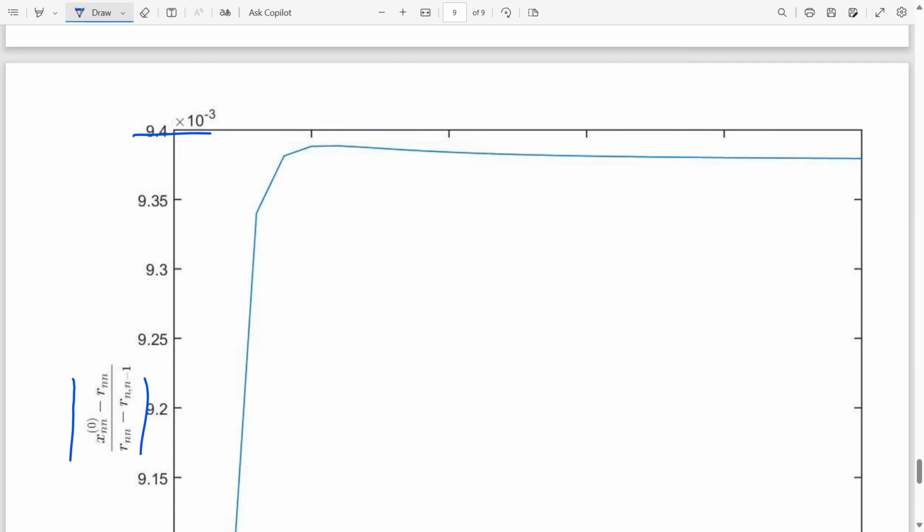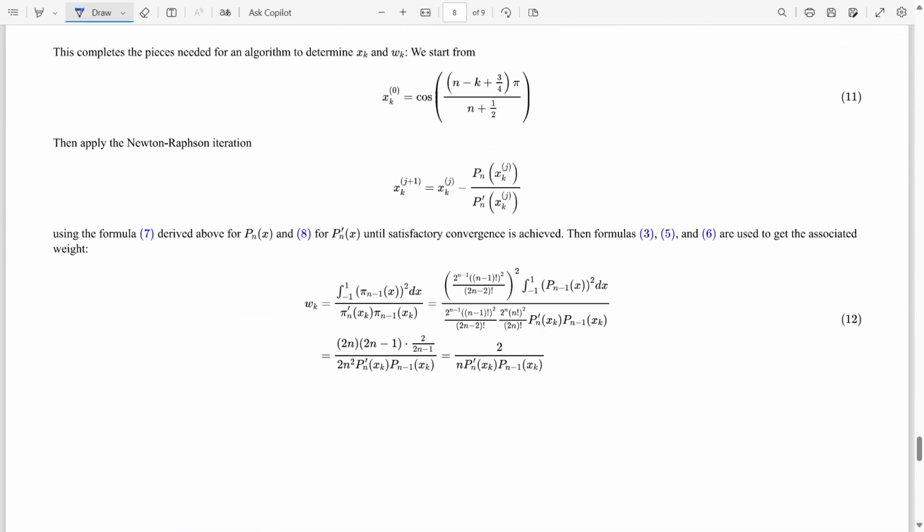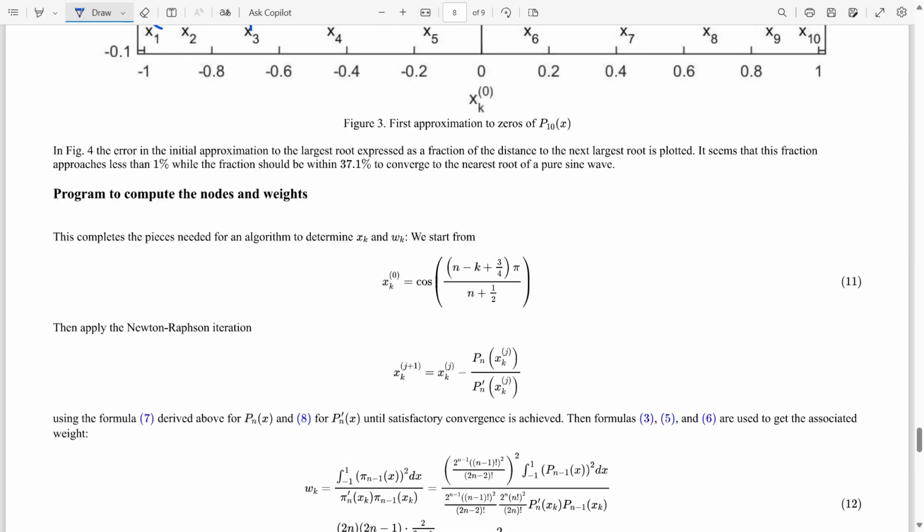It would take us way out of the scope of this discussion to explain what the limit is. For a pure sine wave, you only need to be within 37.1% of the distance from the nearest root to the next nearest root for the Newton-Raphson method to converge to the nearest root every time. Okay.